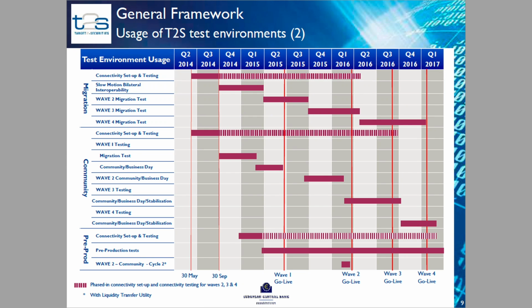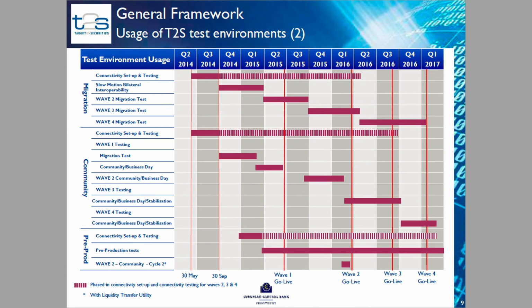On migration, maybe to point out that we have a phase of 6 months from the start of October 2014, the possibility to do slow motion testing, but it's purely for bilateral configuration. That's a place where CSDs and central banks can really test bilaterally with T2S without involving other CSDs, central banks or their banks in their testing.